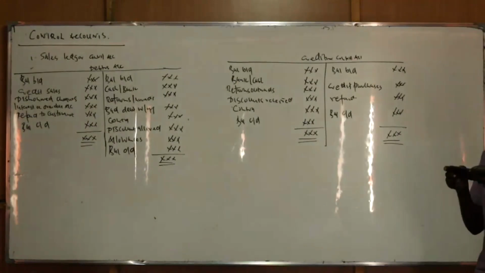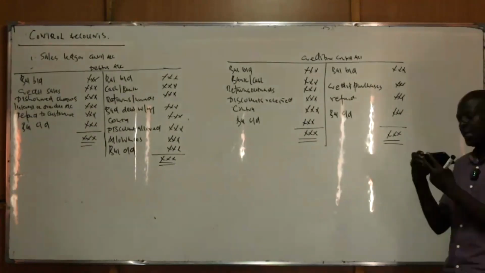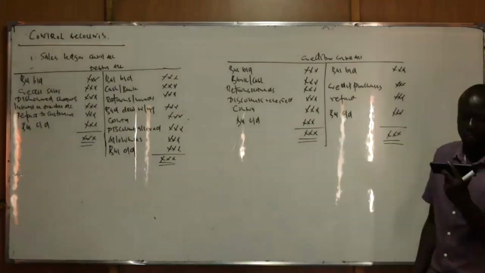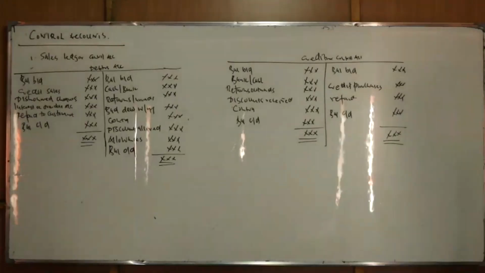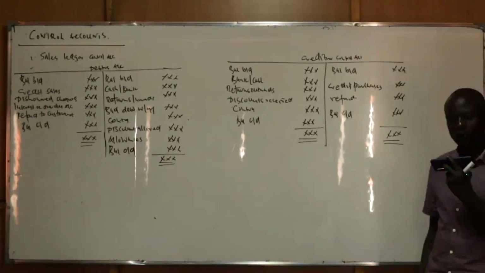For the example there, I think I took it from a CPA question, but I can't remember which year. Part A of the question reads, explain the purposes for which control accounts are prepared. We have already explained that. Then part B, the balances and transactions affecting the control accounts of Capedo Limited for the month of November 2020 are listed below.